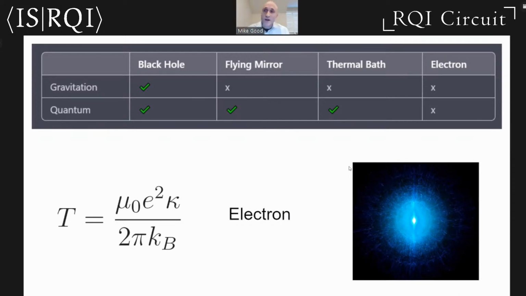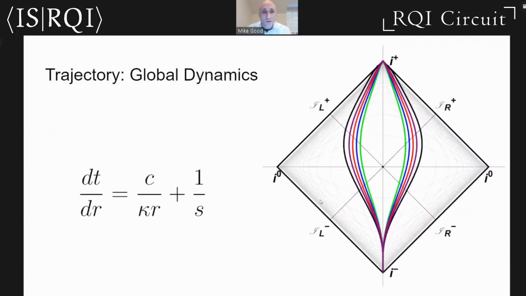So this kappa here, I'll tell you a little bit more about it, but suffice to say, it corresponds to the one single dimensional acceleration scale, the parameter of the system, and we'll see it a little bit more clearly here in the trajectory. So this is not a uniformly accelerated trajectory like in the Unruh effect or the thermal bath of the uniformly accelerated Davies-Fulling-Unruh effect. This is a dynamic trajectory.